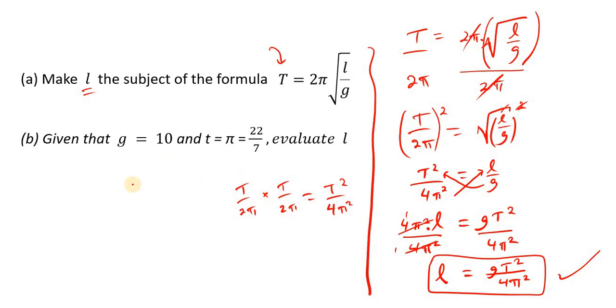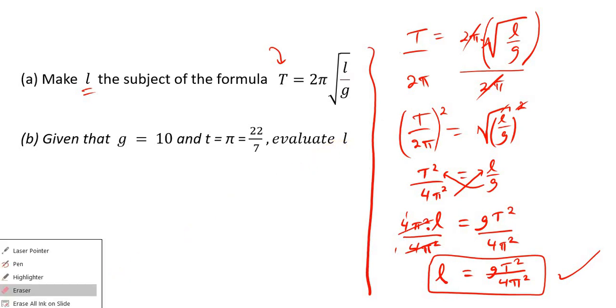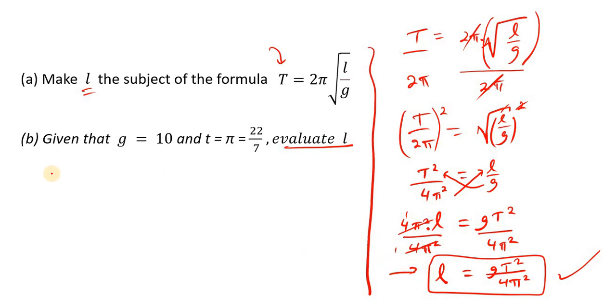Okay, now let's look at the next part. We want to evaluate. What are we trying to evaluate? We want to evaluate G. Well, we want to evaluate L actually, so my bad. We want to evaluate L, given the values of G, T, and pi. Since we want to evaluate L, we already have L as the subject over here, so we're going to just take that.